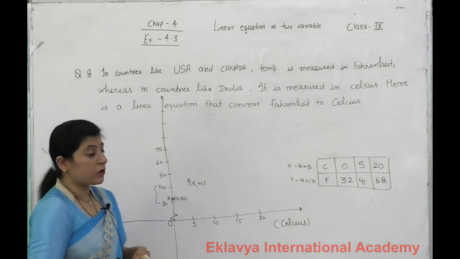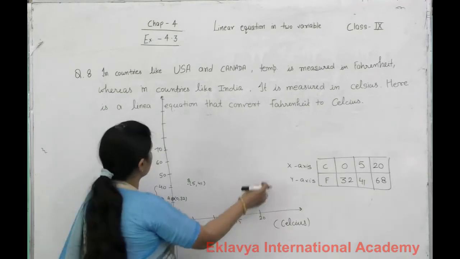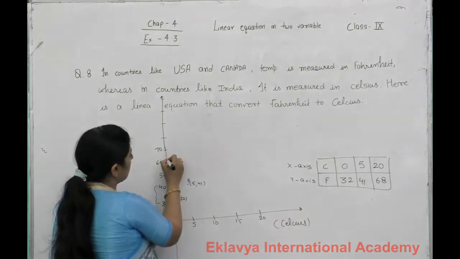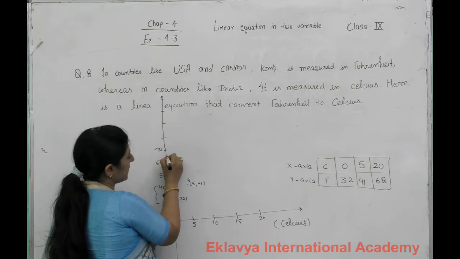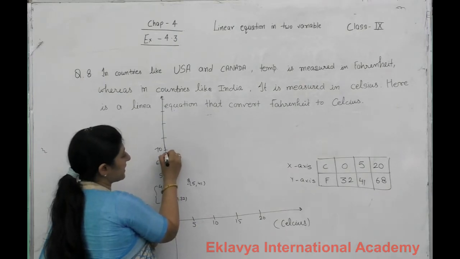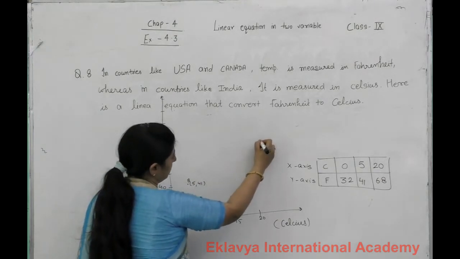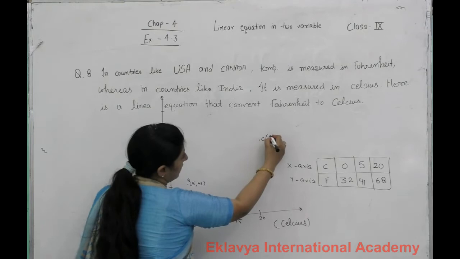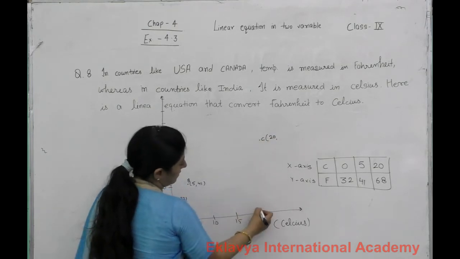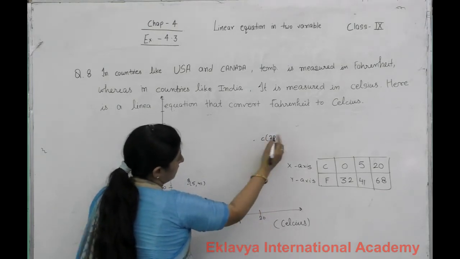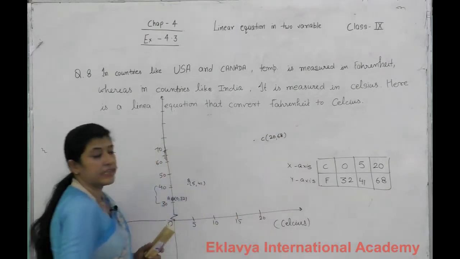Next is 20, 68. Counting 61, 62, 63, 64, 65, 66, 67, 68, 69. We need 68 on 20. Mark the point 20, 68.